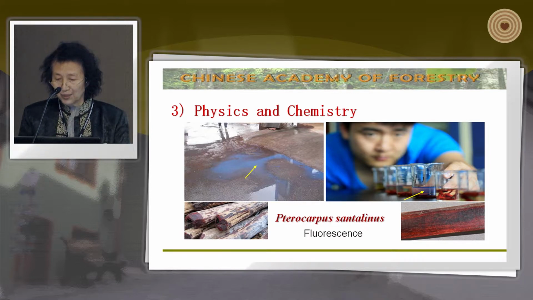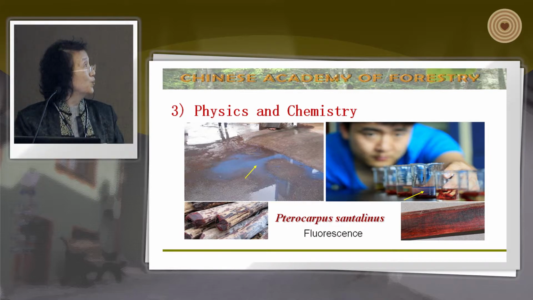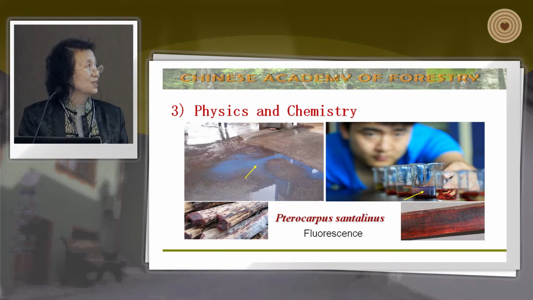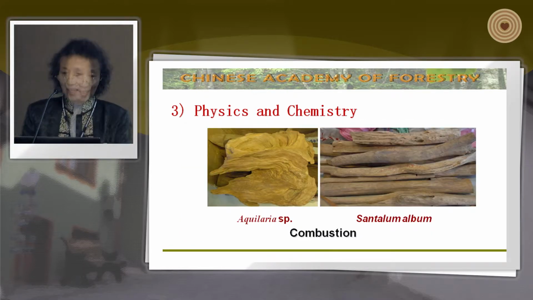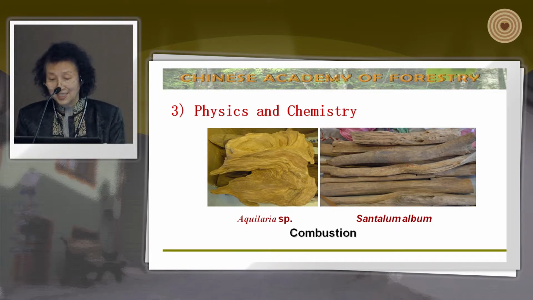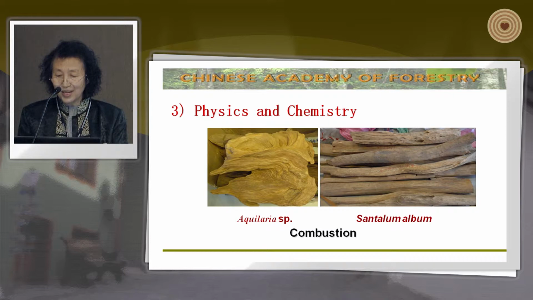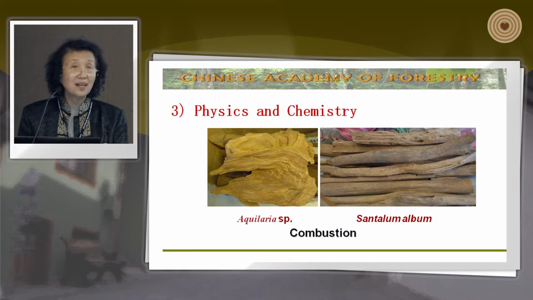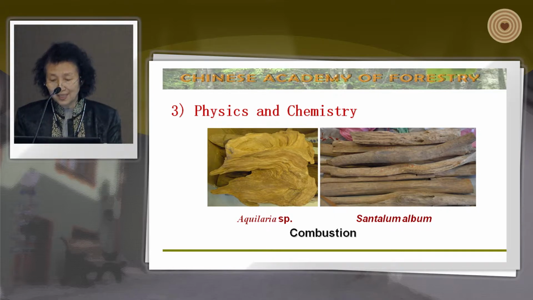You can see this picture shows the blue color. This is from Pterocarpus santalinus. They have fluorescence. And the third one, this picture shows Aquilaria and santalum. These are famous wood species.